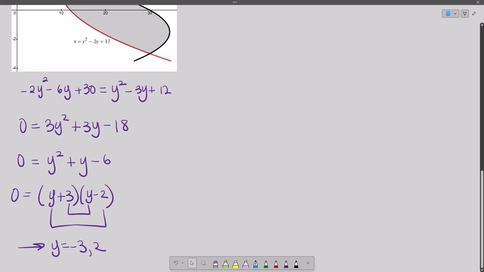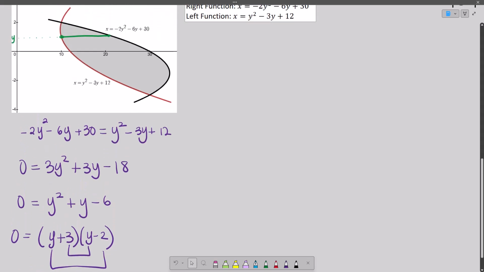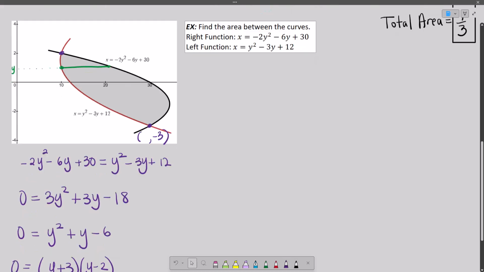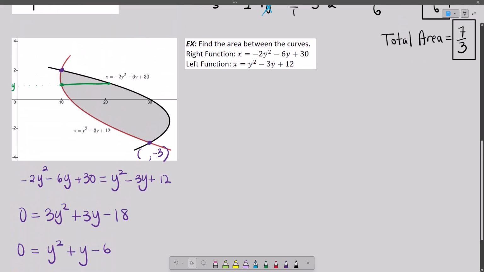In this setup, we have two curves that intersect in 2 points, and we got two solutions when we set the equations equal to each other. So that tells us both. This y value here is negative 3, and this y value here is going to be positive 2.